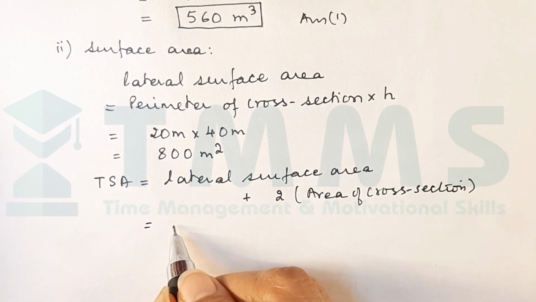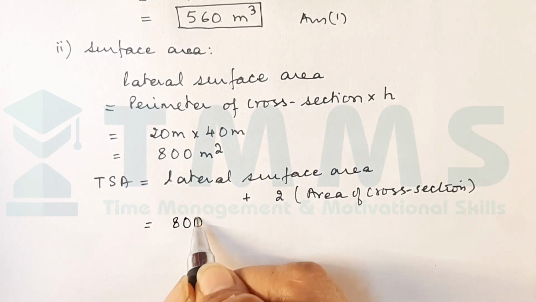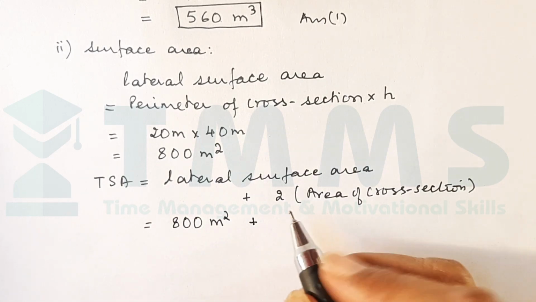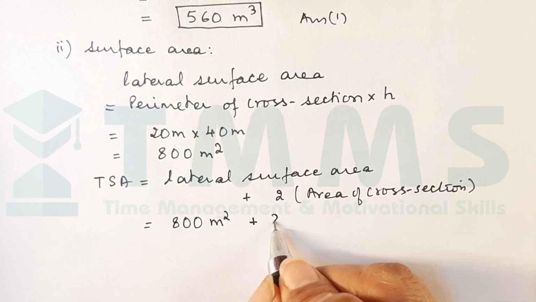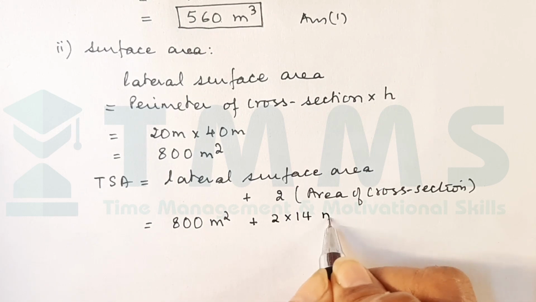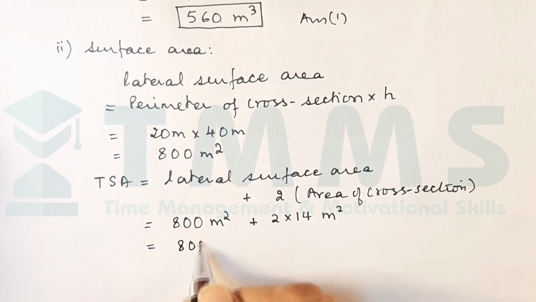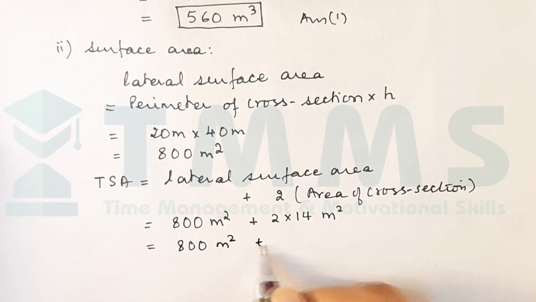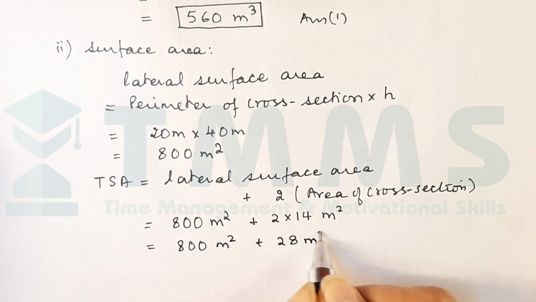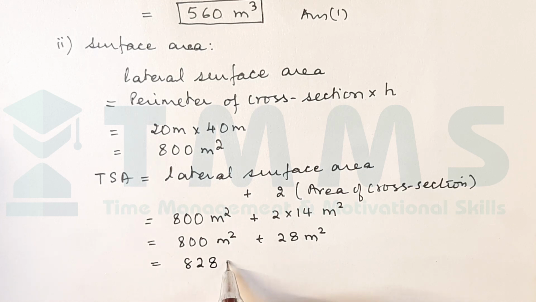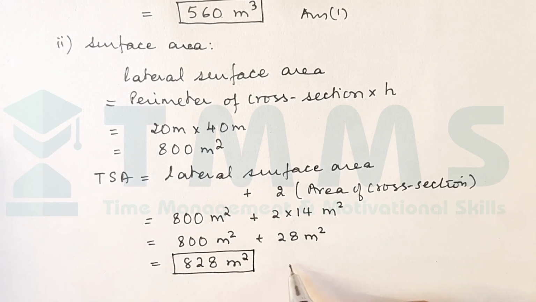And so lateral surface area is 800 meter square plus the area of cross section is 2 into 14 meter square. So that is 800 meter square plus 28 meter square, and that will be equal to 828 meter square, and that is our answer.